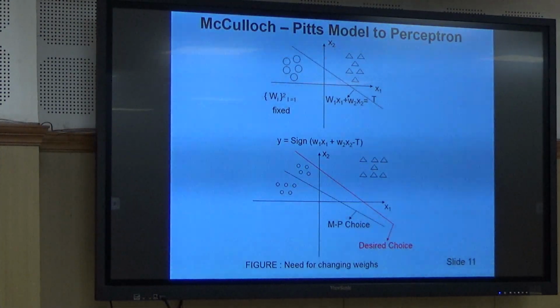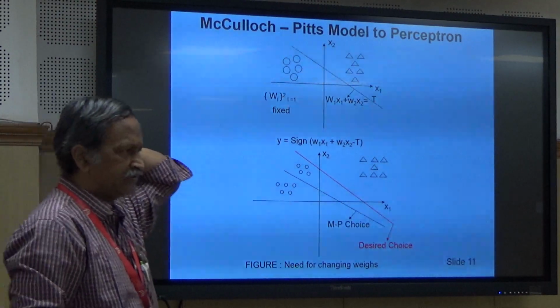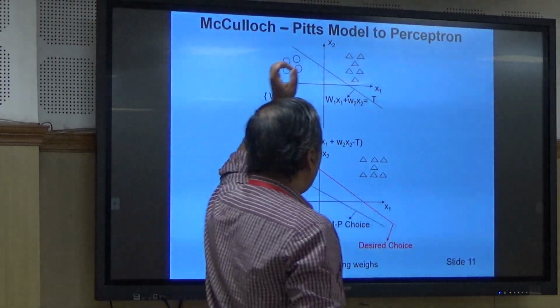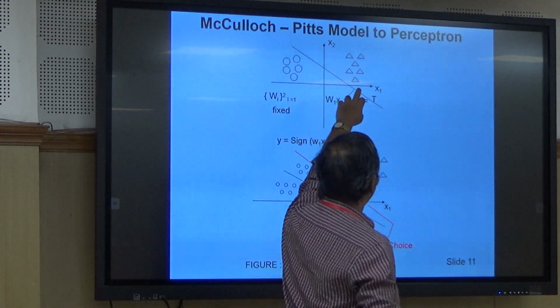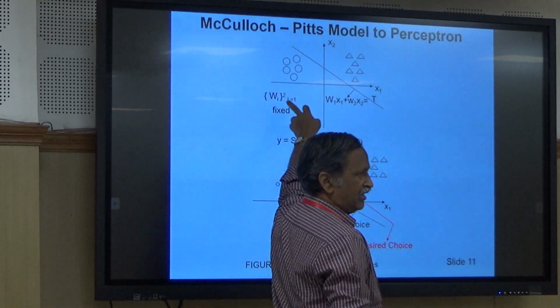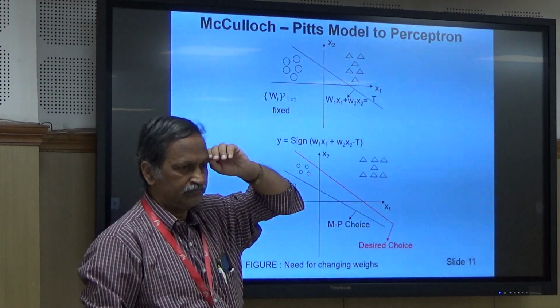So we have two dimensions, x1 and x2. First question is, we have represented the patterns by two-dimensional vectors. There are two such classes. One is triangles and the other one is circles.